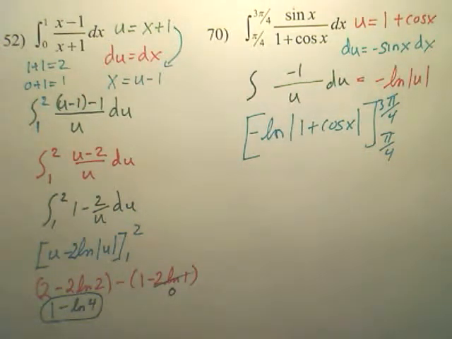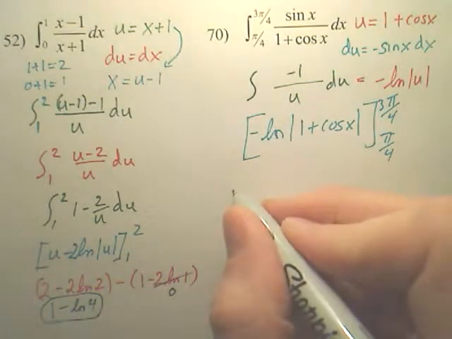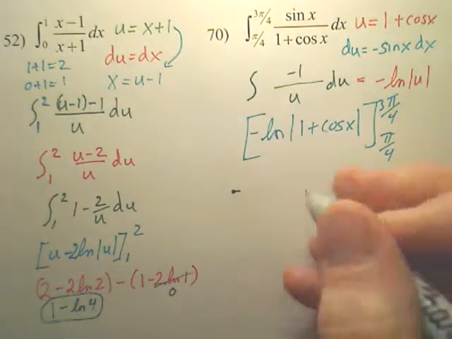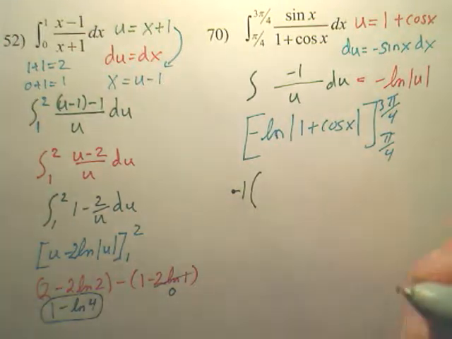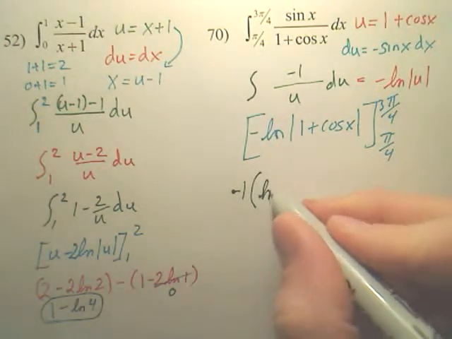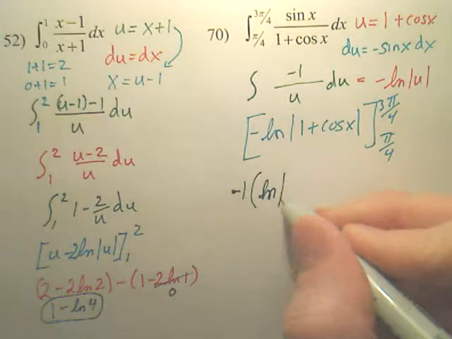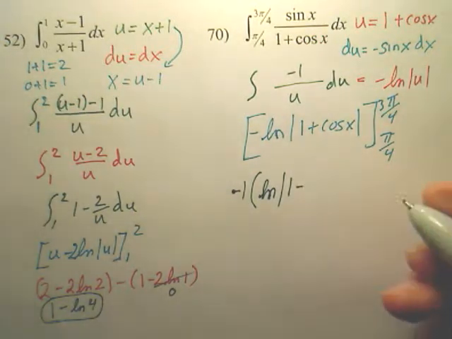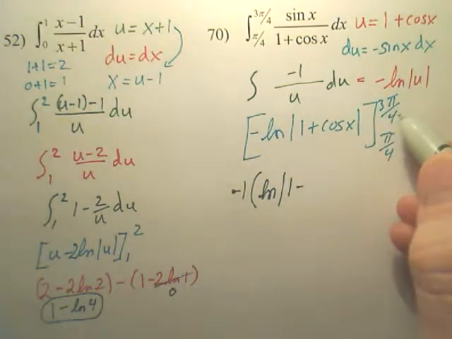And when I plug all that in, I get negative 1. I could just actually leave the negative 1 out for the end. ln 1 minus cosine 3 pi over 4.